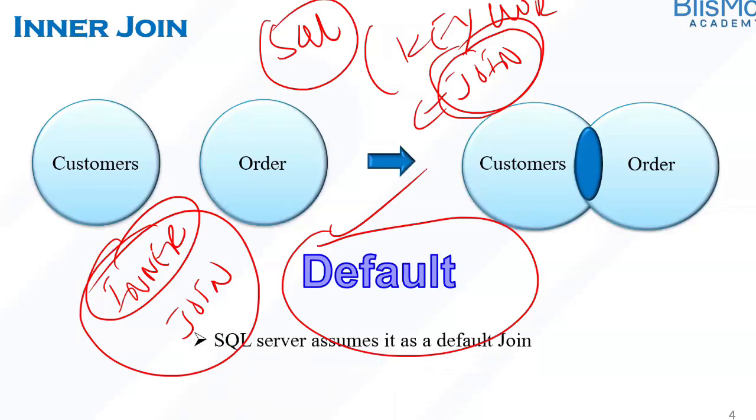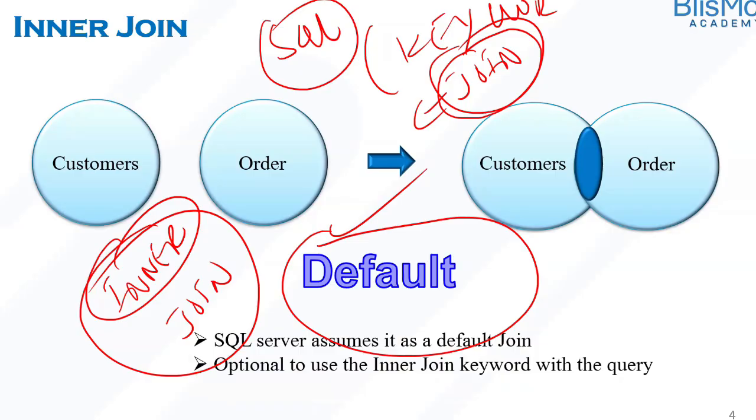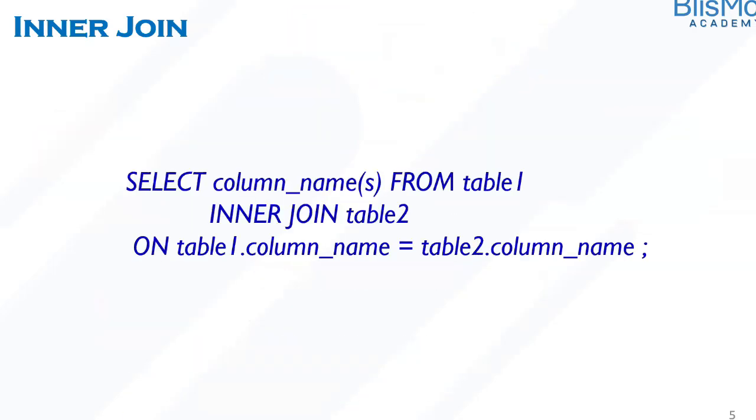So, default join. And whenever you are trying to do an inner join, it is optional to use inner. If you just use join, that suffices. But it is always better to say inner, so that there is no confusion. So this is how the statement is. You can select either all the columns or some of the columns and say from, and you mention the left table.